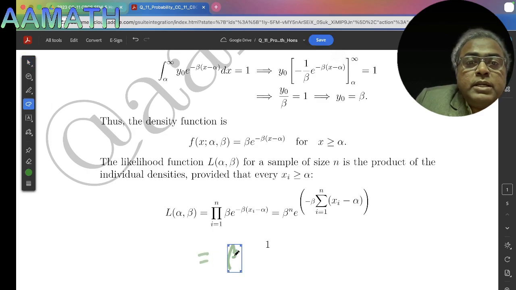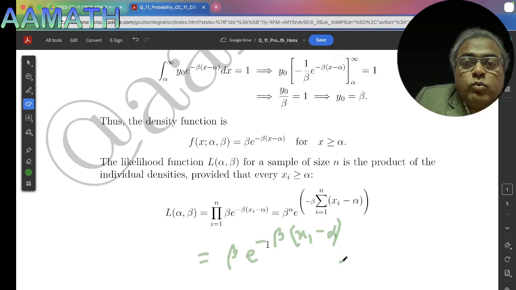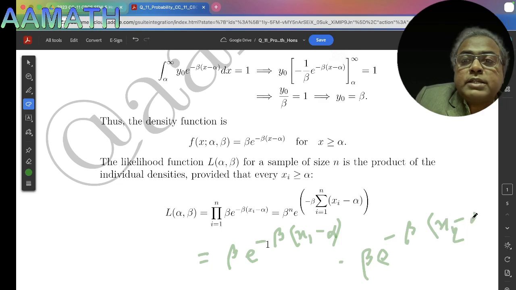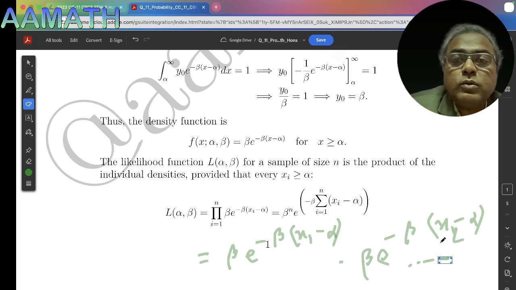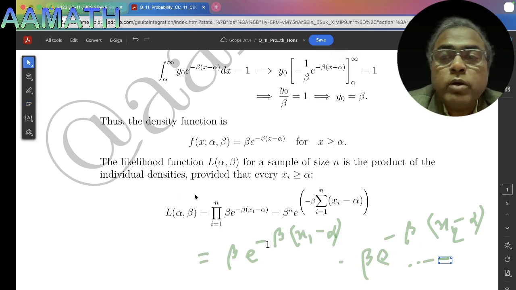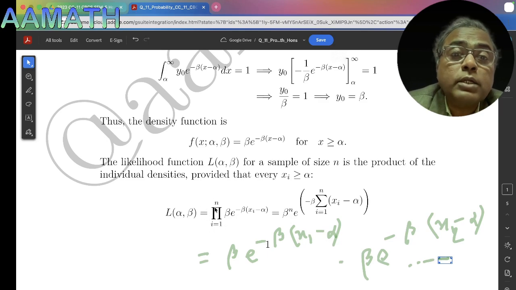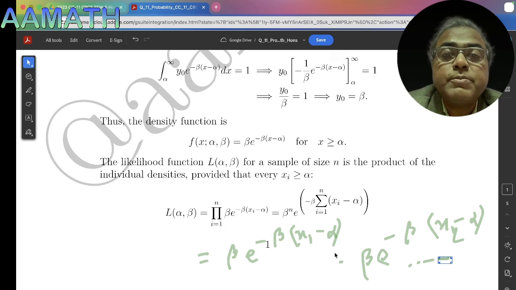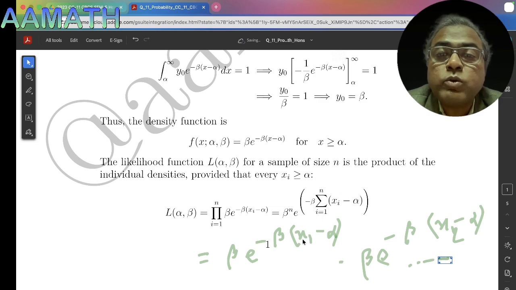This equals beta e^(-beta(x1 - alpha)) times beta e^(-beta(x2 - alpha)), and so on. This is the capital pi notation for the product. There are n terms, so we get beta to the power n, and since we multiply powers of e, we can add the exponents. Taking minus beta common, we get e to the power minus beta times the sum of (x1 + x2 + x3 + ... + xn) minus n alpha, that is, the summation of xi minus n alpha.